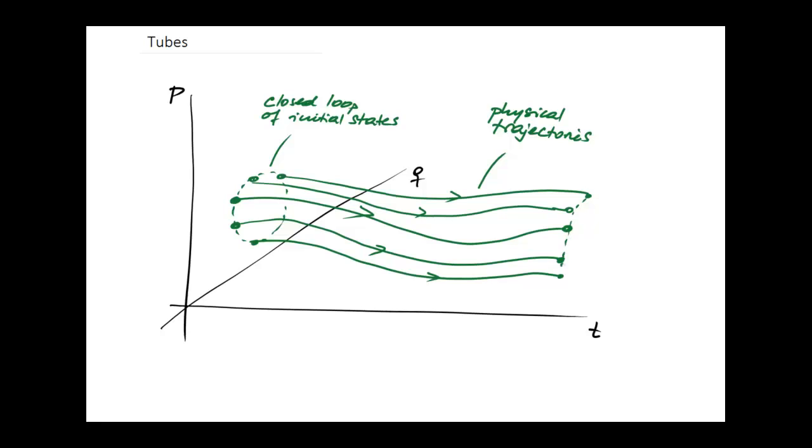So there will be some loop of final states, also a closed loop of final states. This loop will generally look different, maybe deformed in some way. It certainly has a different position in phase space, but it's still a closed loop.